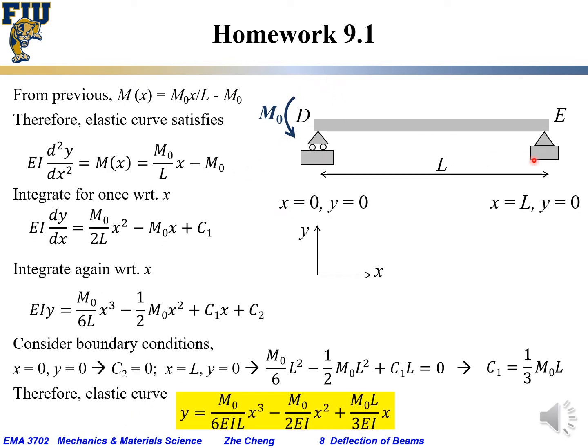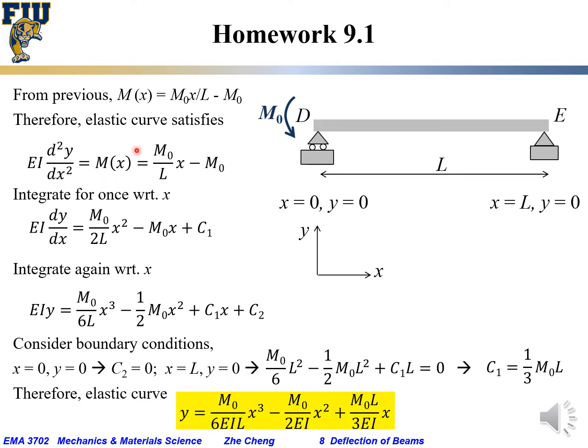So this is our problem. From the previous slide, we get Mx, the internal bending moment at an arbitrary location x from D, would be M0x divided by L, the total length, minus M0. So the elastic curve, from what we learned in chapter 9, is the E modulus times the moment of inertia I times the second derivative of vertical displacement, or deflection, versus horizontal location, equal to Mx, the internal bending moment.